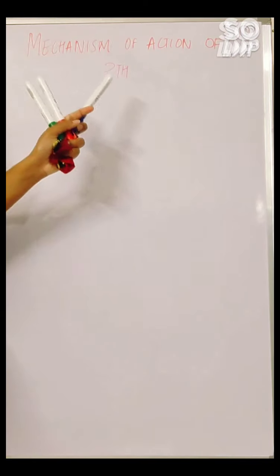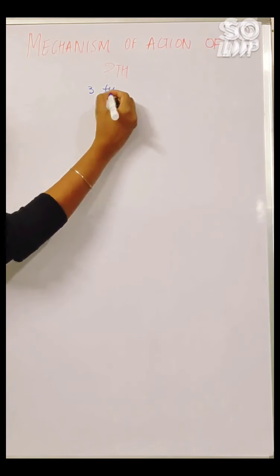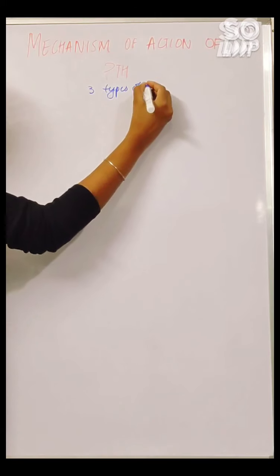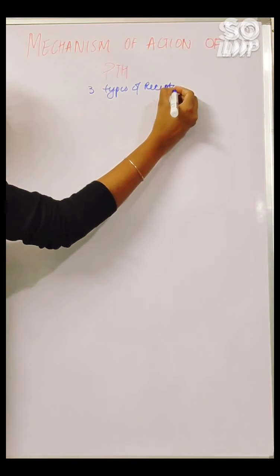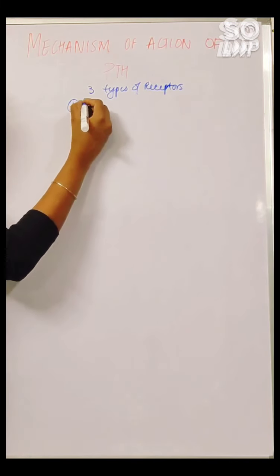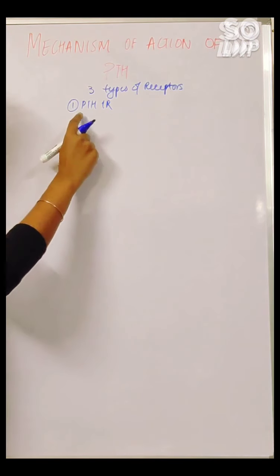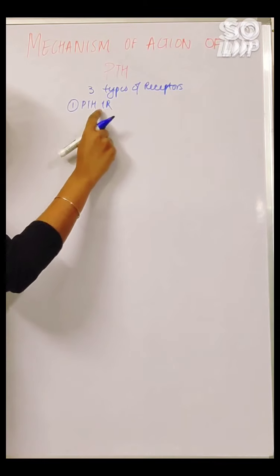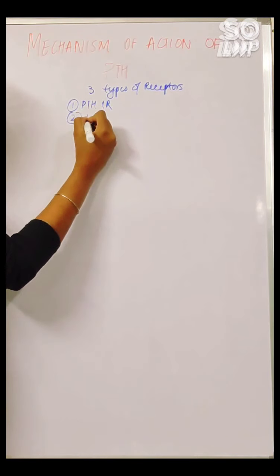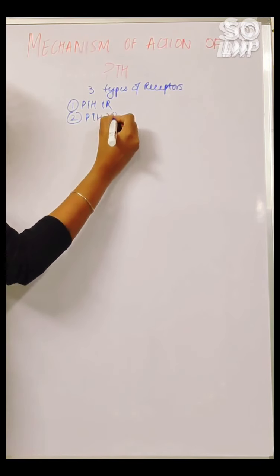Okay, so this hormone PTH, parathormone, when released, is sensed by the receptors present on these target cells. Basically, we have three types of receptors. The first receptor is PTH1R, the parathyroid hormone first receptor. The next is the parathyroid hormone second receptor.